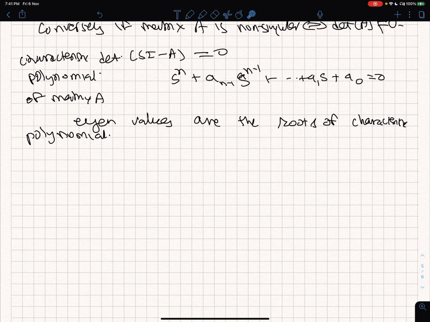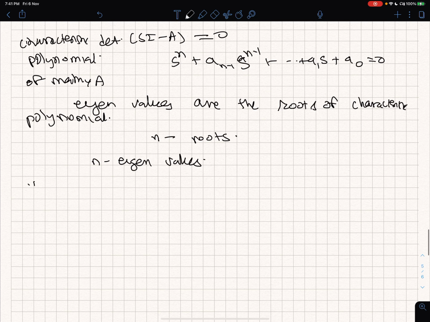The way to compute it is to write the corresponding characteristic polynomial and then look at the roots. Now, by the fundamental theorem of algebra, we know that there will be n such roots, and hence there will be n eigenvalues.